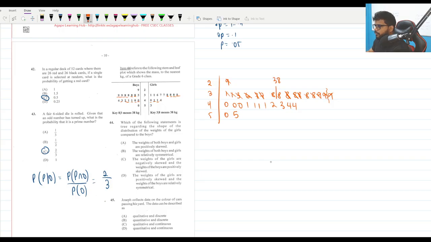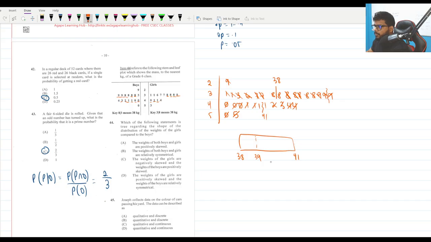Then for the second set, first with last again. 41 is going to be my Q3. So 38, 39, 41.